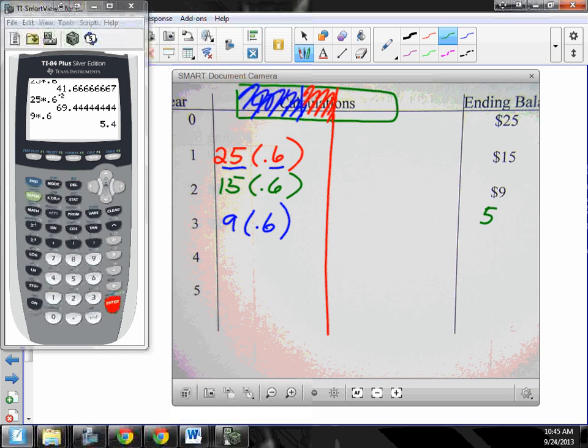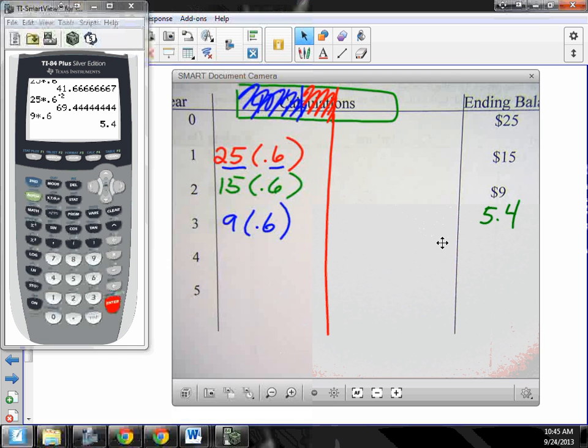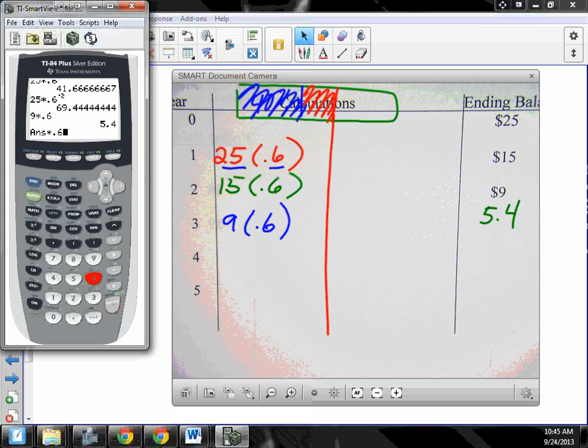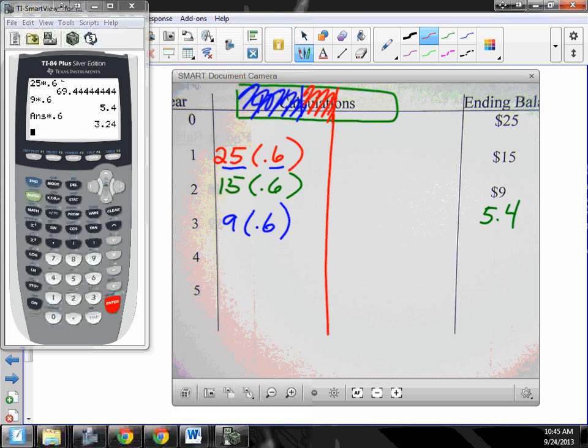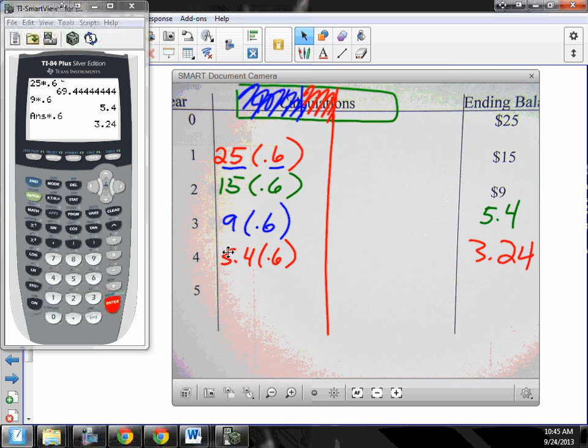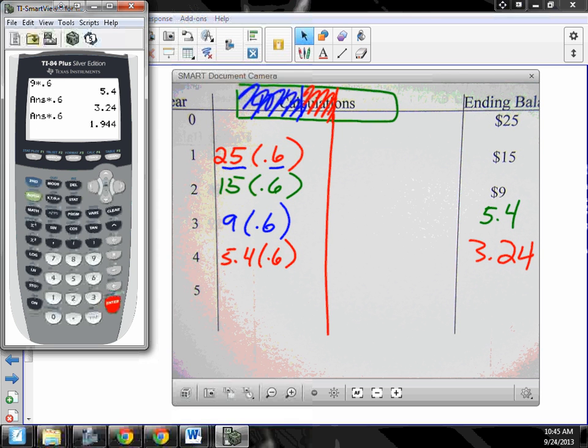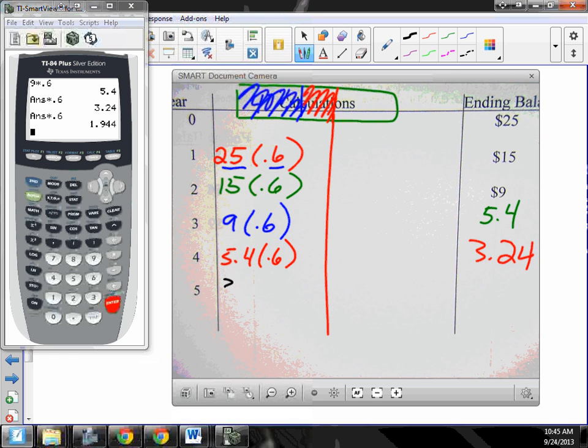So year 3 is 5.4. Now I times that by 0.6. So 5.4 times 0.6, and I get 3.24. And then I times that by 0.6. So 3.24 times 0.6, and I get 1.944.